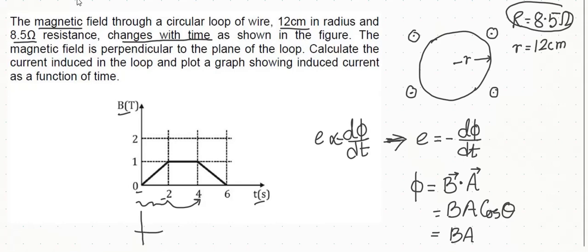This is the plotting, the time and the current. Current is at first from 0 to 2 negative, at minus I0. Clear? Then from 2 to 4, it is 0. Then from 4 to 6, it is plus I0. Okay? So this is it. Thank you all.